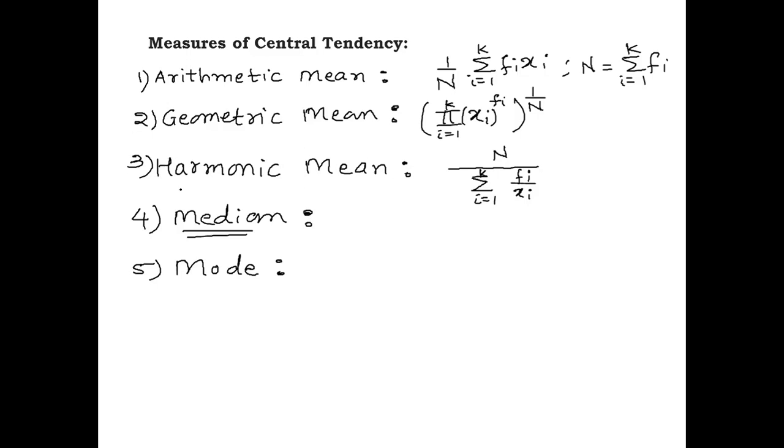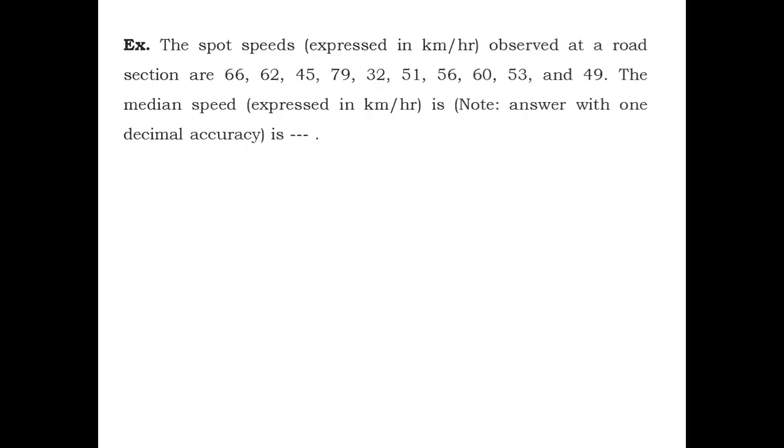That will be the median of the data. If we have grouped data, means in the form of intervals, then a different formula is going to be there. And mode. Now mode is the most repeated observation in the data, and we can find it quickly. So this was just an introduction of different measures of central tendency or averages.